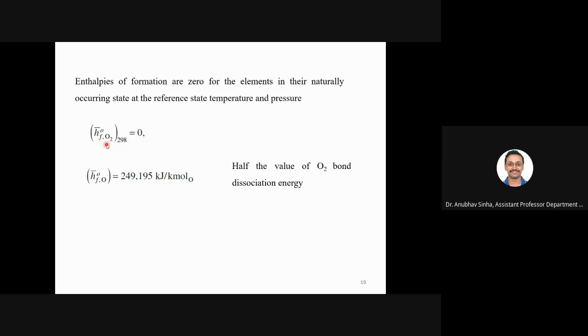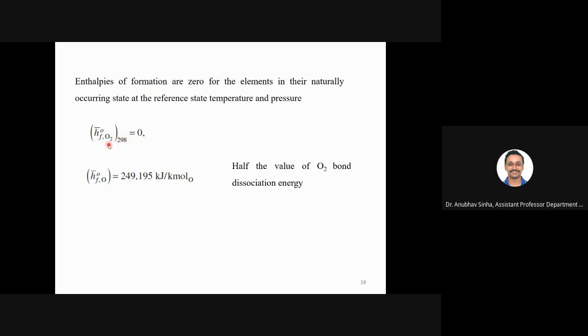This is also important: what is the state of the species? It is solid, liquid, or gas. Naturally, oxygen occurs as a gas at the standard reference temperature, so I will say that the enthalpy of formation is 0. If I talk about liquid oxygen, then it will be different.